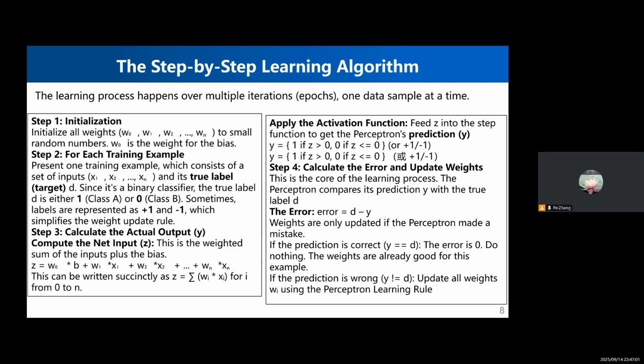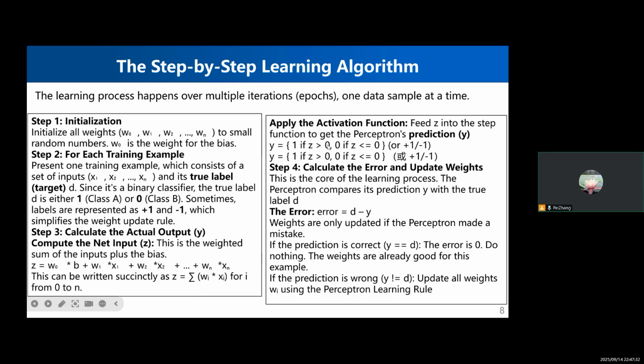The third step is to calculate the actual output. This is the weighted sum of the input plus the bias. This can be written as Z equals the sum of the weights multiplied by the inputs. Then the activation function passes Z into a step function to get the perceptron's prediction.